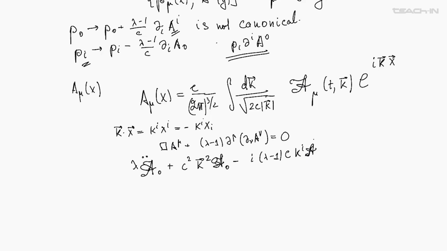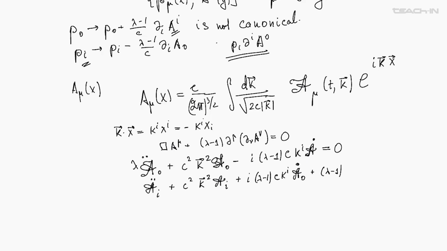And the second equations are equations for curly A^i, and they look like curly A^i double dot plus c squared k squared curly A^i plus i (lambda minus 1) c k^i curly A0 dot plus (lambda minus 1) c squared k^i k_j curly A^j equals 0.